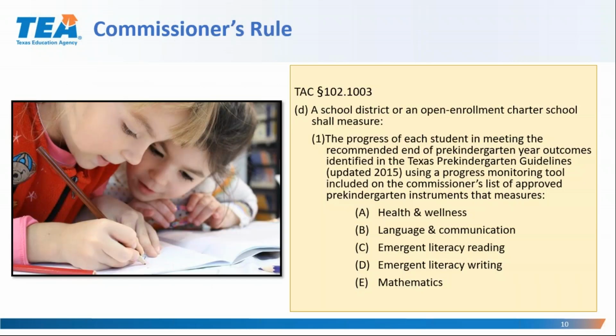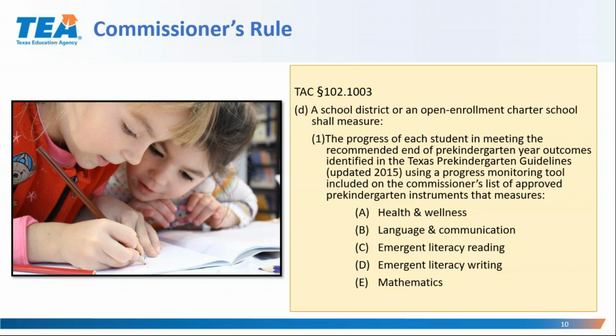So what is in commissioner's rule? In the commissioner's rule, it says that districts shall measure the progress of each student in meeting the Texas pre-kindergarten guidelines that were updated in 2015 using a progress monitoring tool included on the commissioner's list.